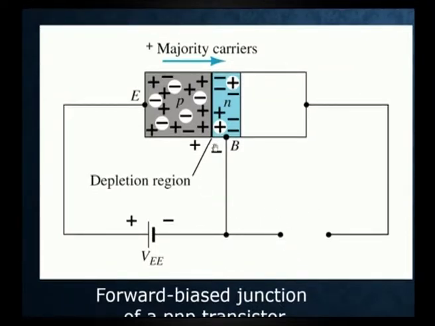Then the PN junction is said to be forward biased, and the majority carriers in the P region, the holes, move towards N and cross the junction, where we can observe the depletion region becomes very thin. So the current flow occurs here, the emitter current flows through the depletion layer, and the majority carrier holes move in this direction.